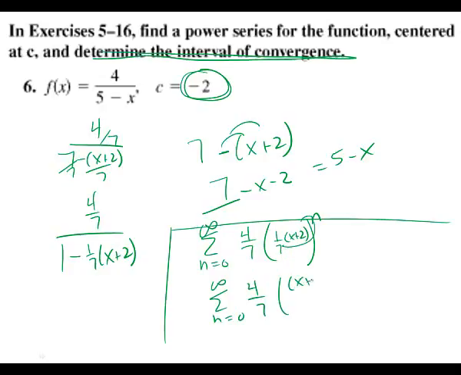I've got x plus 2 to the n over 7 to the n. When my bases are the same, what do I do with my exponents? Add. So our denominator exponent would convert to 7 to the n plus 1, and we've got 4 times x plus 2 to the n. All right, and that's it, right? That's it.